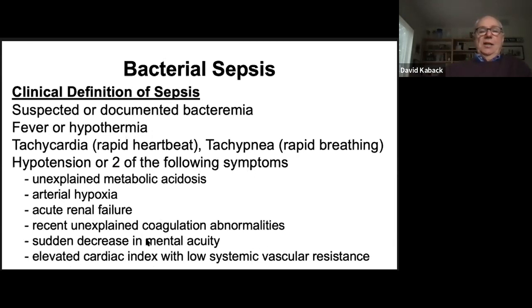Basically, low systemic vascular resistance, a dilated arterial system, so blood pressure is very low, high cardiac output, the heart is beating very fast. There are all sorts of things for diagnosing sepsis, and seeing a bunch of these syndromes, you suspect a bacterial sepsis, and you want to treat that patient very, very aggressively.